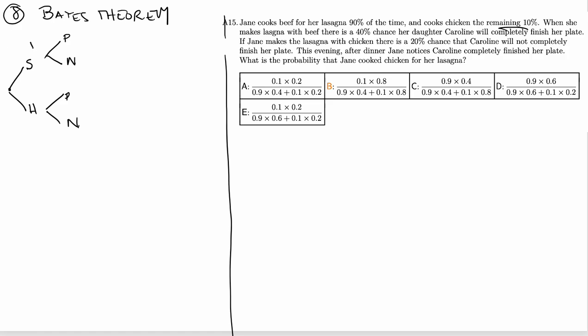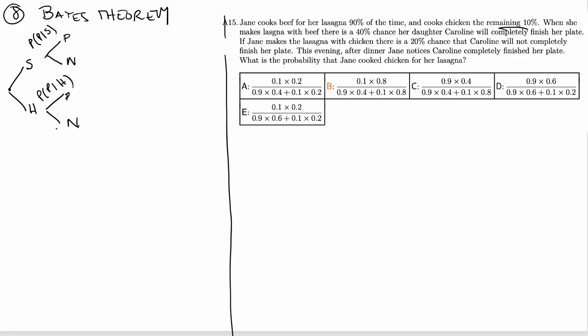The direct conditional that is natural for you to have is the probability of being positive given that I'm sick, or the probability that I'm positive given that I'm healthy. Okay?